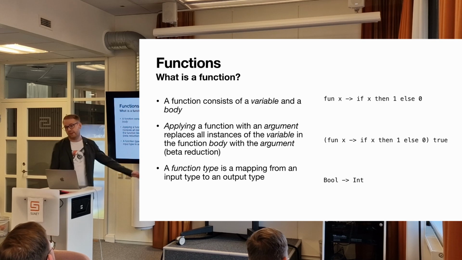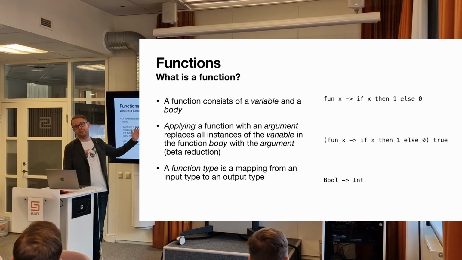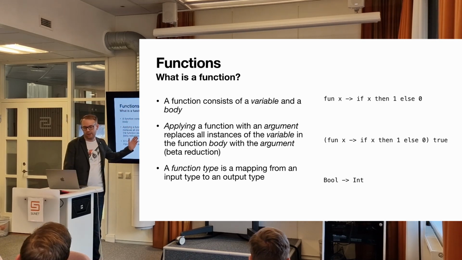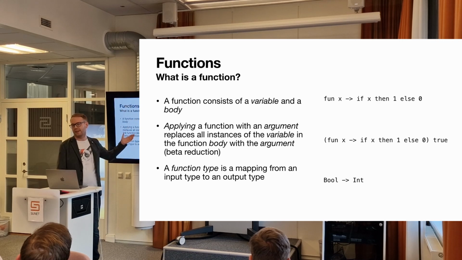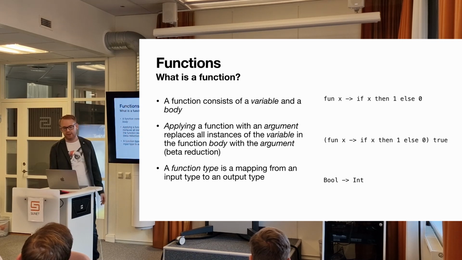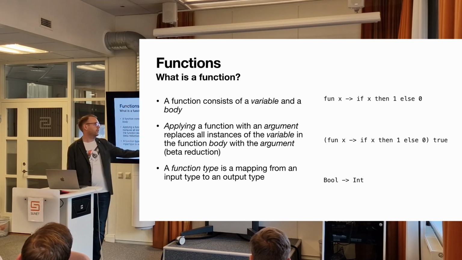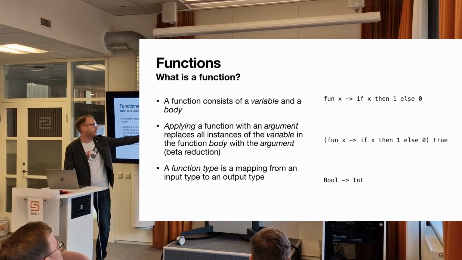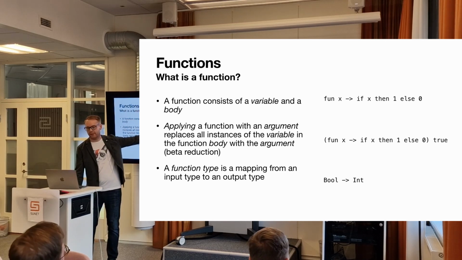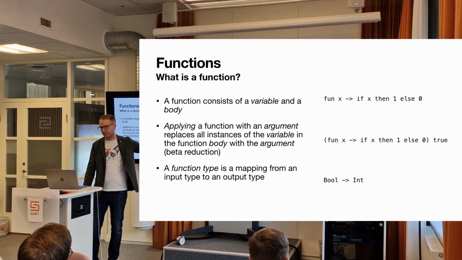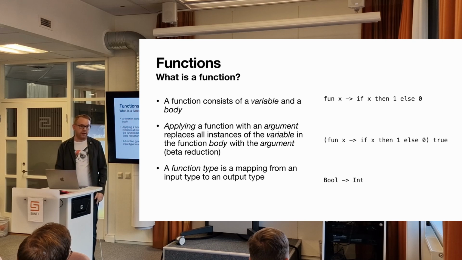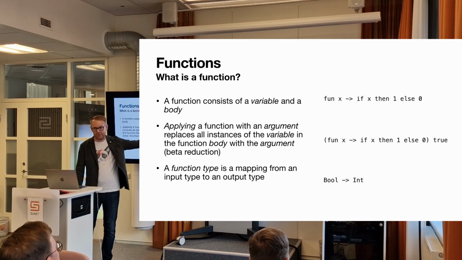The first form here is how you define a function. This is also usually called a lambda expression. The important parts to note are that we have an argument variable and a function body. So that's a function definition.